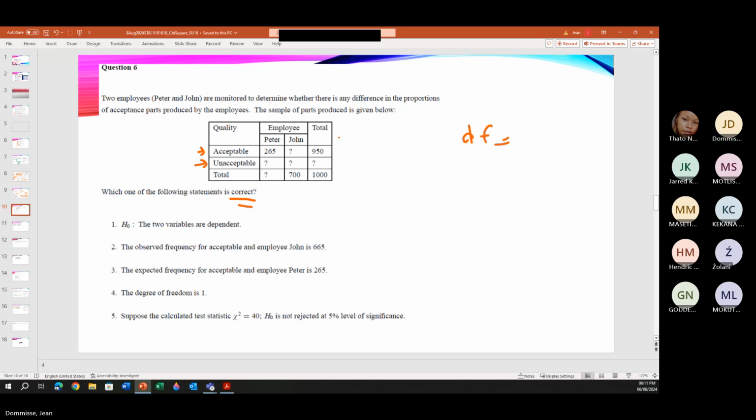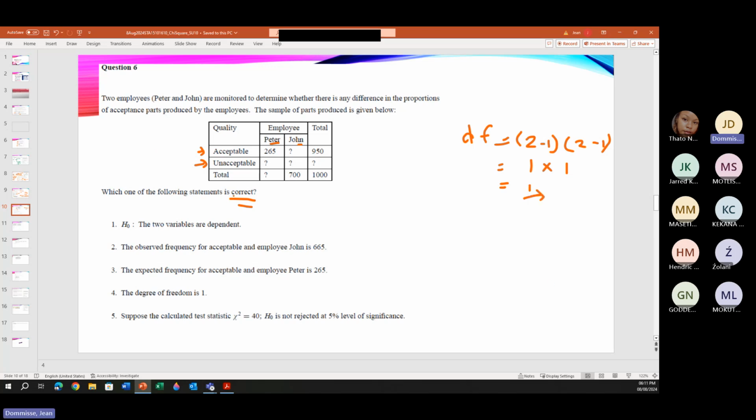There are 2 employees, so that is 2 minus 1, and the quality is acceptable or unacceptable, so there are 2 options for that as well. So 2 minus 1 is 1, 2 minus 1 is 1. So the degrees of freedom is 1.